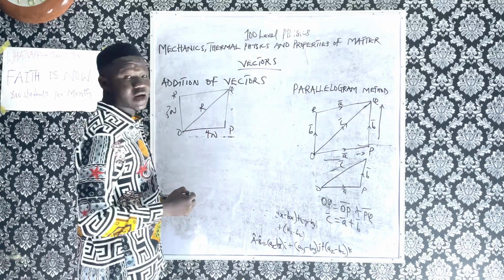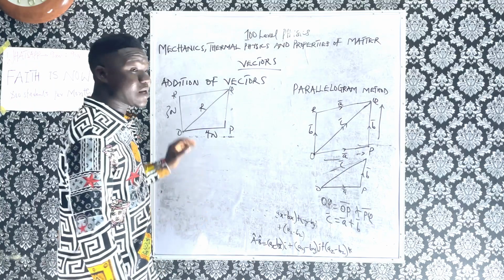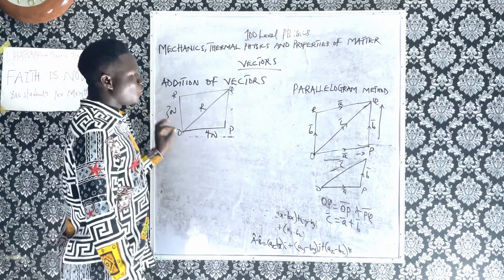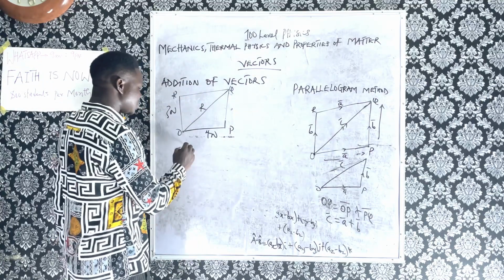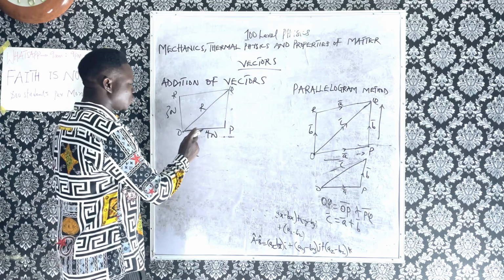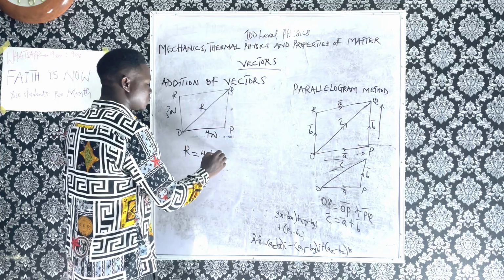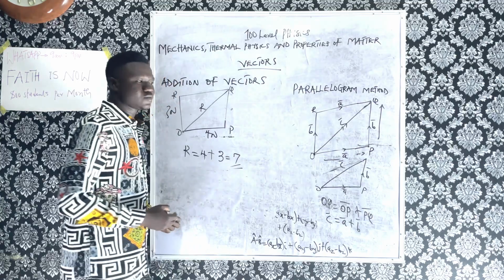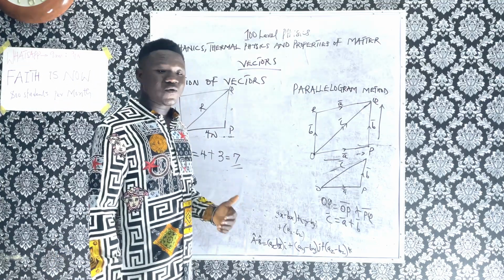You can use any letter with an arrow, but in most cases in physics, we use a capital letter with an arrow to represent the resultant. Using the parallelogram method, the resultant force becomes the addition of 4 plus 3, and that's 7. This is the simplest form of the parallelogram law of force.